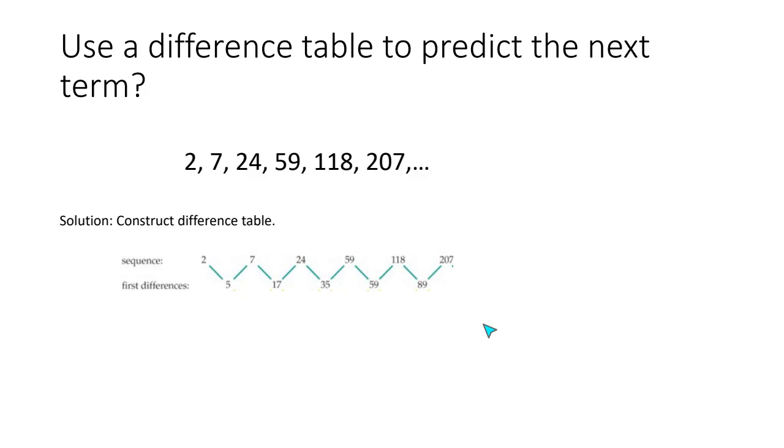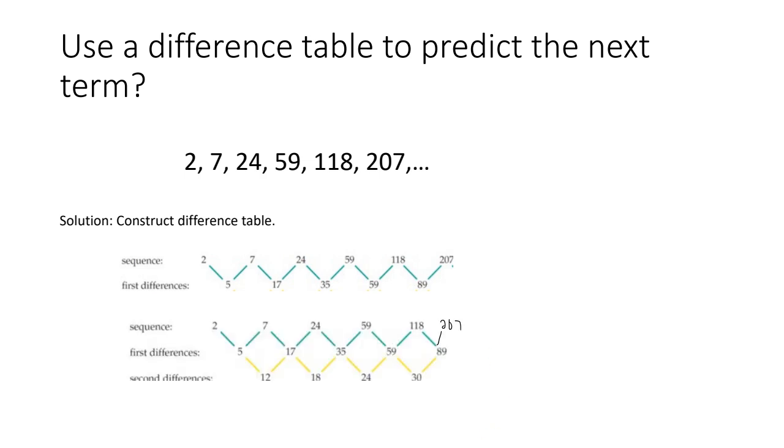The numbers are not the same, so then we consider doing a second difference. And so let's do that. So 17 minus 5 is 12, 35 minus 17 is 18, 59 minus 35 is 24, 89 minus 59 is 30, and then this number here I'm just copying down from here. Okay.